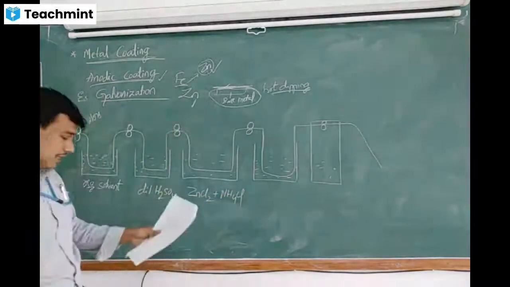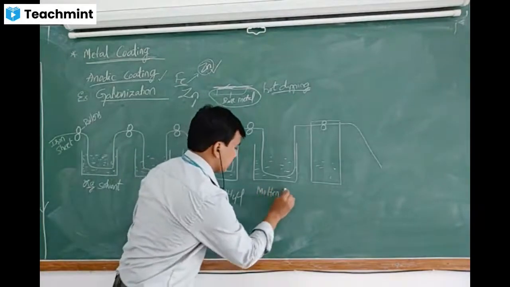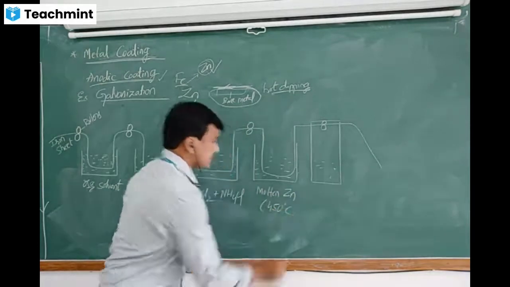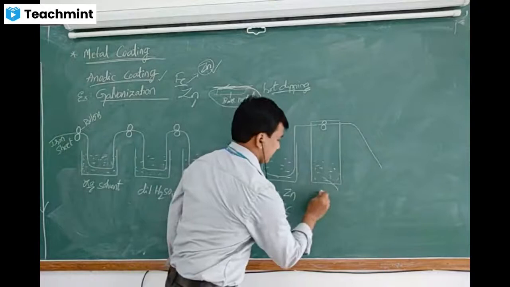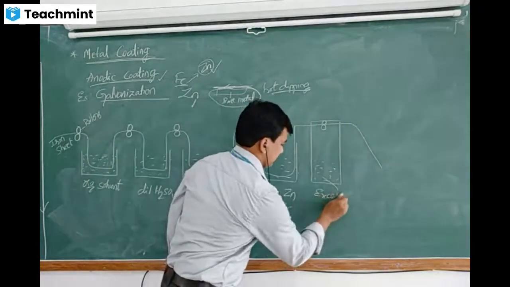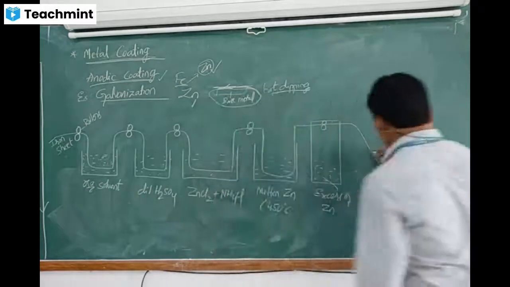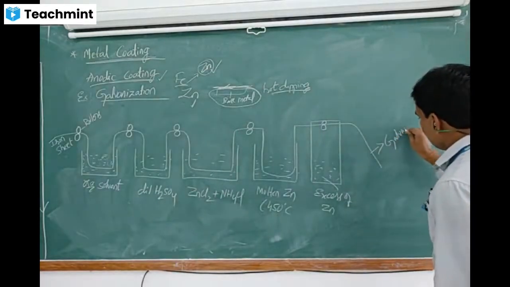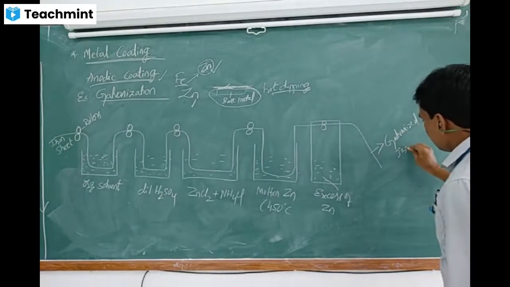Here is molten zinc at 450 degrees Celsius. So this one is a galvanized iron sheet.